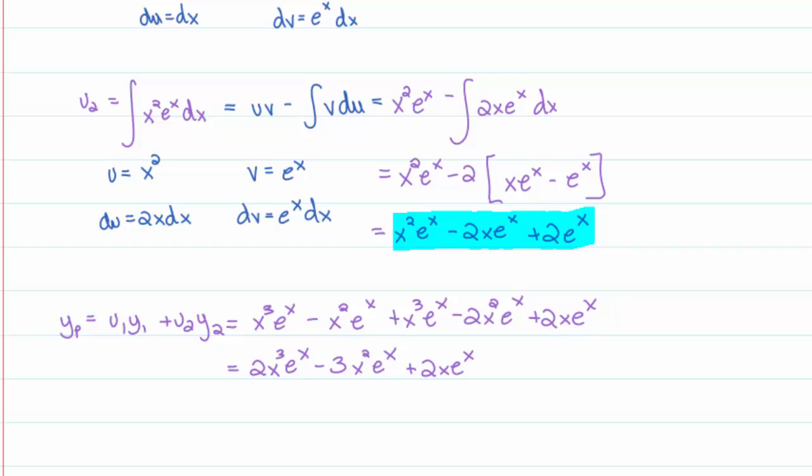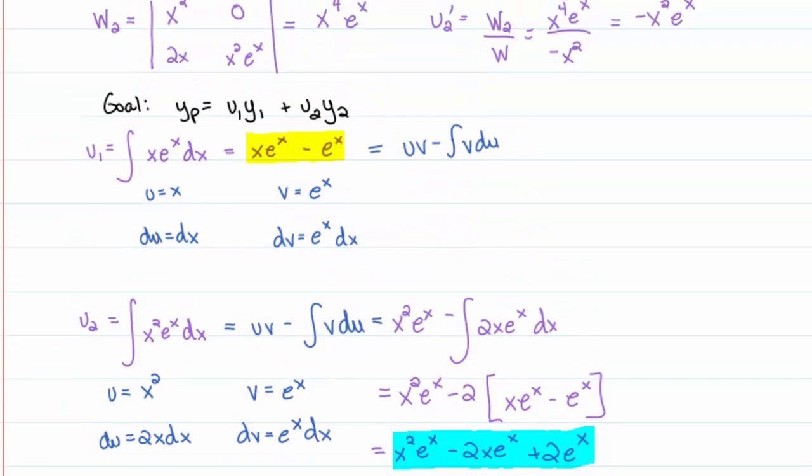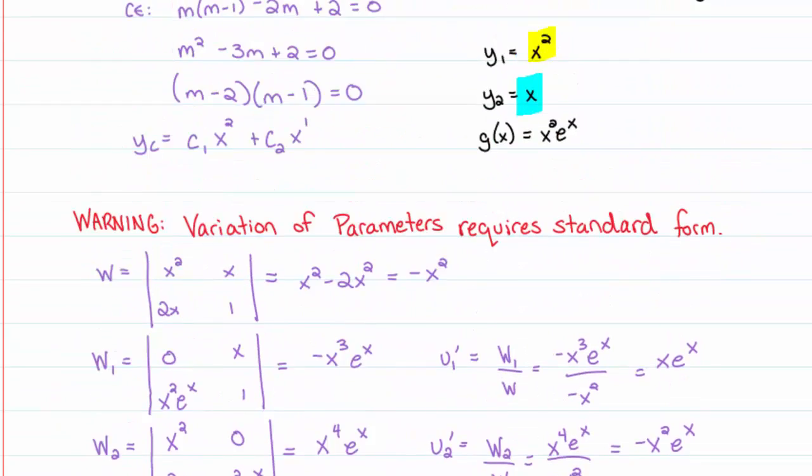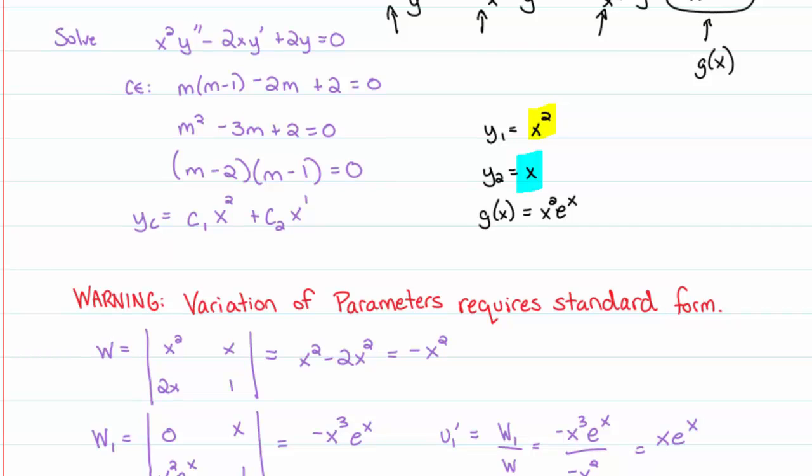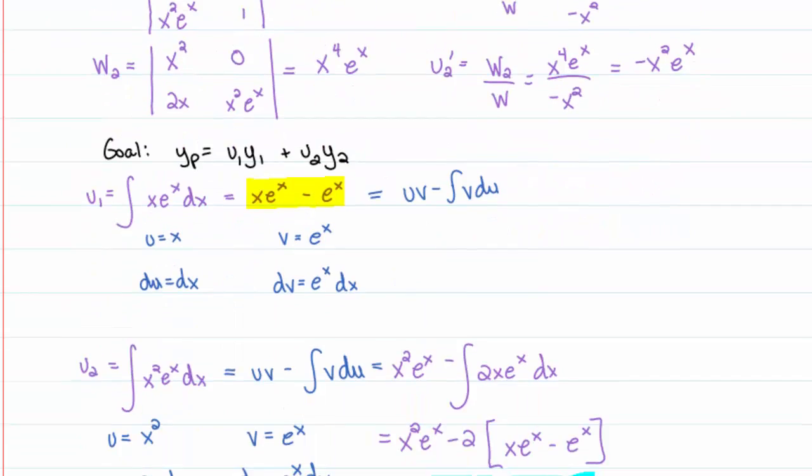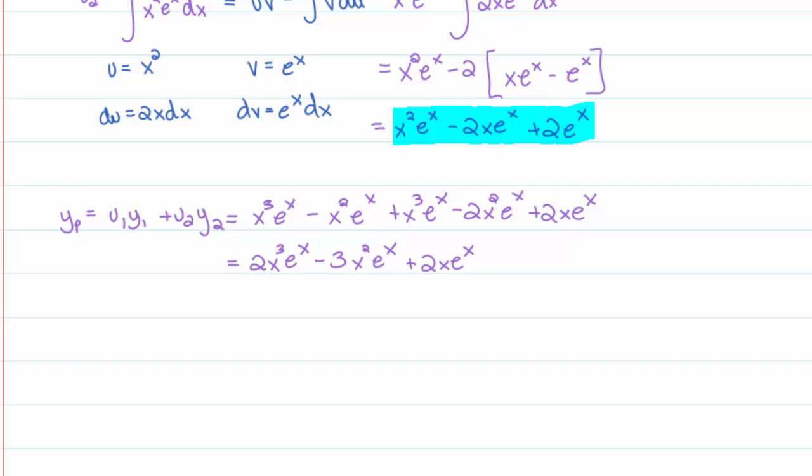We know y sub c was that constant times x squared plus a constant times x. So our full solution, y of x, is equal to c1 x squared plus c2 x plus 2x cubed e to the x minus 3x squared e to the x plus 2x e to the x.